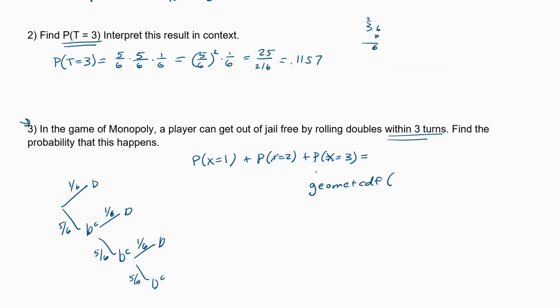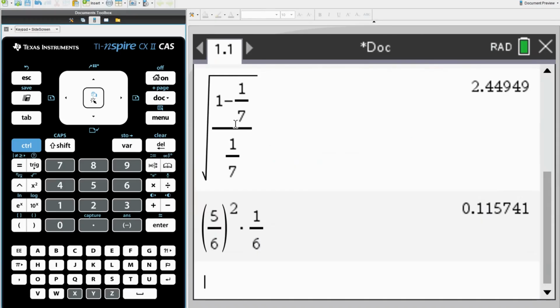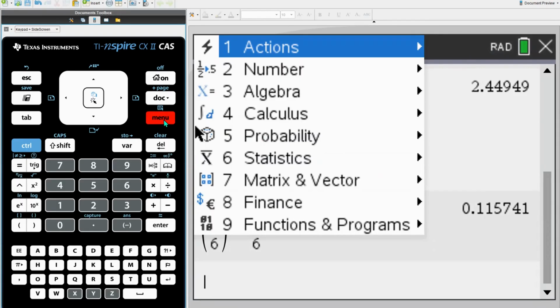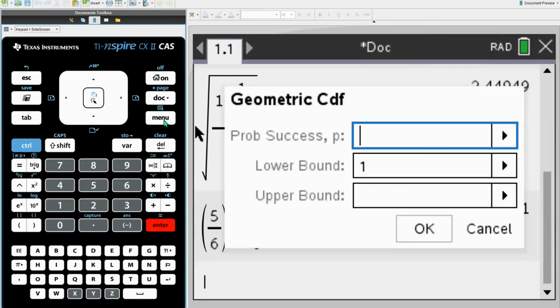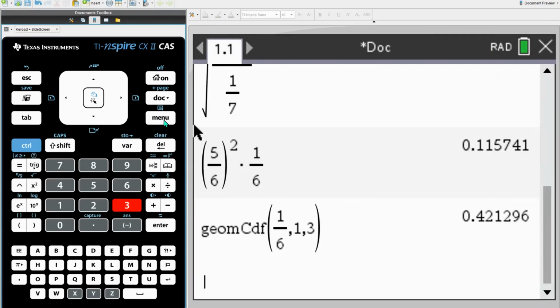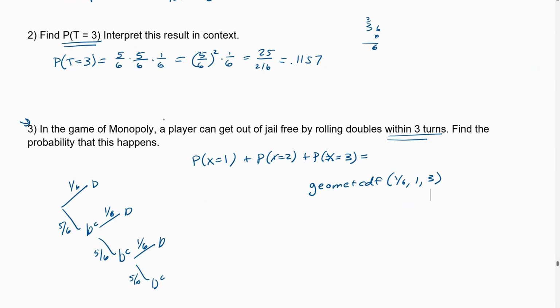Probability of success is 1/6. 1 through 3 is our choices there. So let me see if I can pull that out. Menu, probability, distributions, geometric CDF. 1/6 is our probability of success. And we want probability of getting out between 1 and 3 times. Getting the doubles between 1 and 3 times, which happens about 42% of the time.